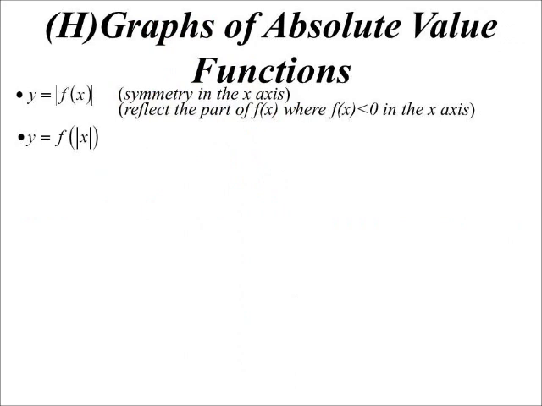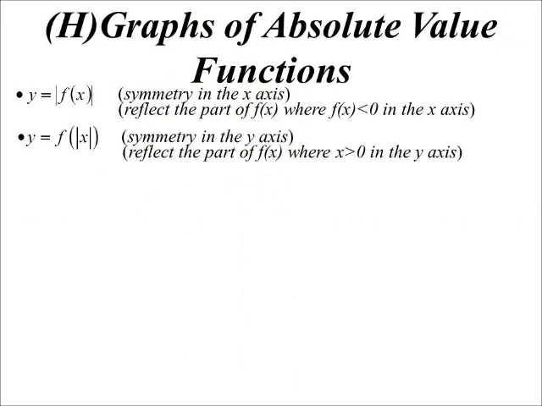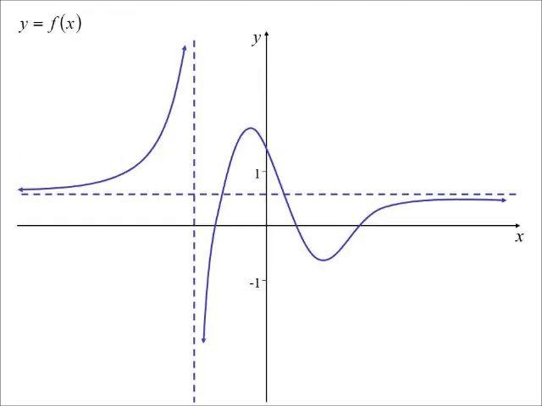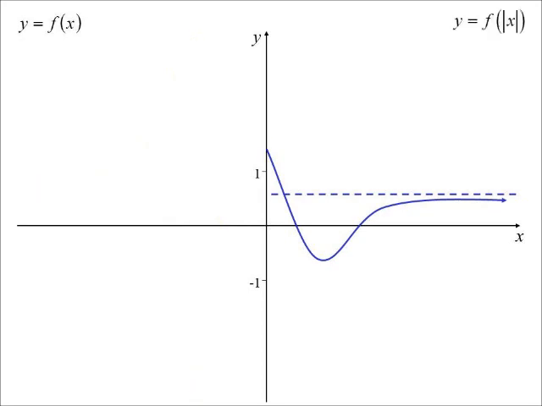Well, what about function absolute value x? Well, this time it's the y-axis. So what happens here is we reflect that part of where x is greater than 0 in the y-axis. We don't reflect over like we do with the other one. So here's random curve, function absolute value x, left-hand side, you're gone.